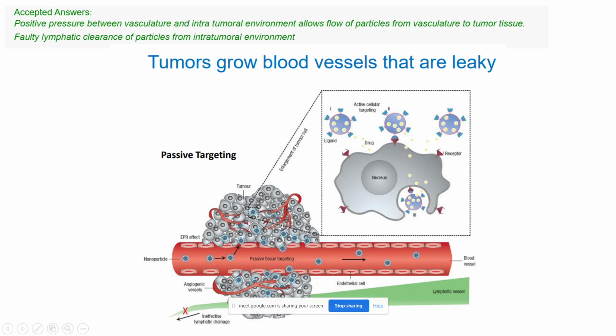And since these tumors do not have a good lymphatic system, their clearance is faulty, and this leads to more and more accumulation of the particles in the environment. This is what is called enhanced permeation and retention, and that is why these two options will be correct.